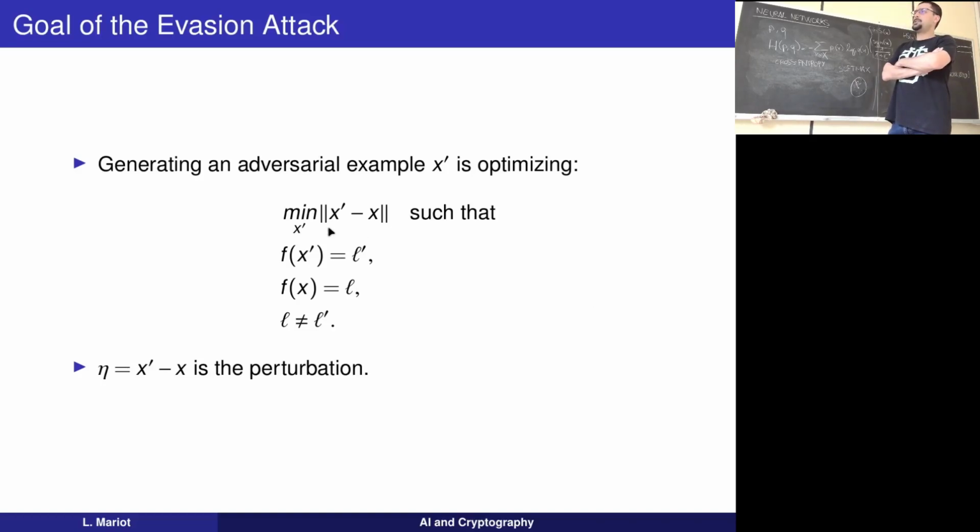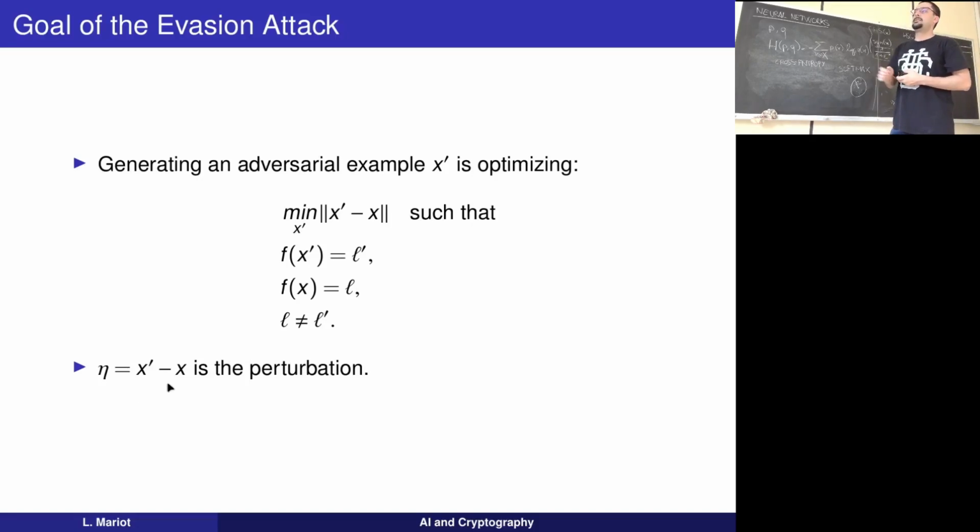And in this optimization problem, basically we want to minimize the distance between the original input x and the adversarial example x prime. And this must be in such a way that the value of the function learned by the neural network over the adversarial example is a label L prime, and the value of the neural network over the original example is another label L, and these two labels, L and L prime, must be different because we want to cause a misclassification.